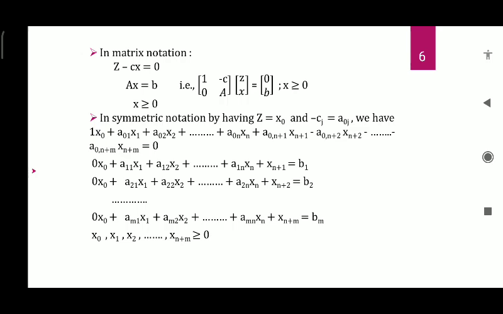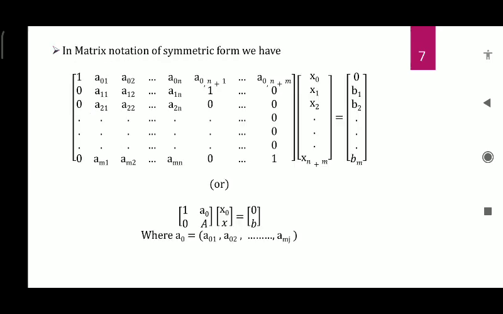The third equation is 0 x0 plus a21 x1 plus a22 x2 plus etc. plus a2n xn plus xn+2 equal to b2. The last equation is 0 x0 plus am1 x1 plus am2 x2 plus etc. plus amn xn plus xn+m equal to bm, where xn+1, xn+2, etc. are the slack variables added in the constraints, and x0, x1, x2, etc. are greater than or equal to 0.